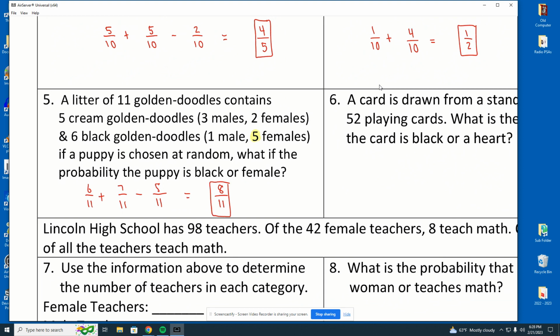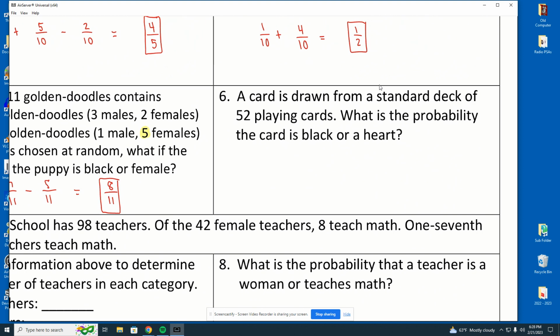Okay, number 6. A card is drawn from a standard deck of 52 playing cards. What's the probability that it's black or a heart? Okay, well, black. Black is half the deck, right? Half the deck is black. Well, how about hearts? Only 13 out of 52 of them are hearts.